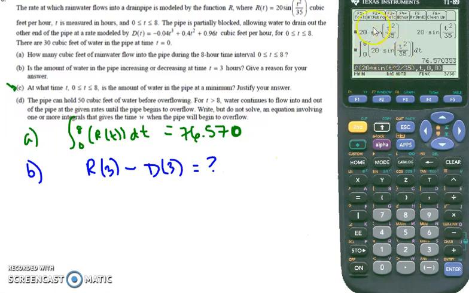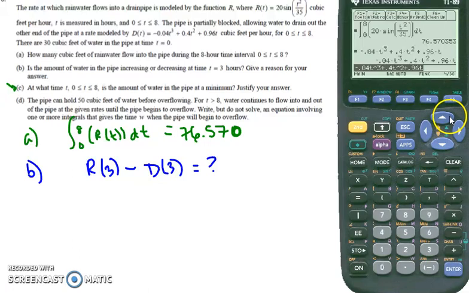So we already have R in our calculator. We're now going to put D into our calculator. So negative 0.04 t cubed plus 0.4 t squared plus 0.96 t, enter. Okay, so now let's go ahead and evaluate.